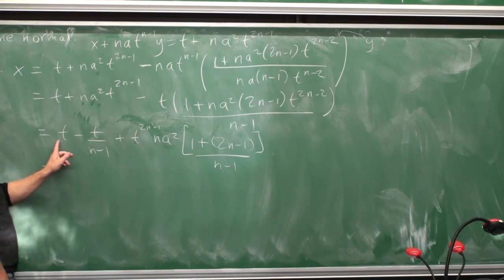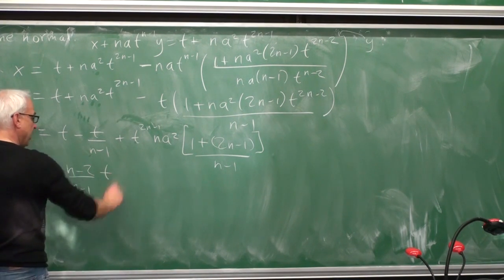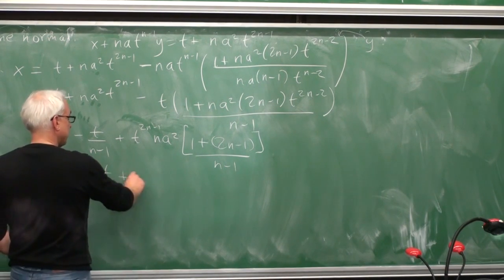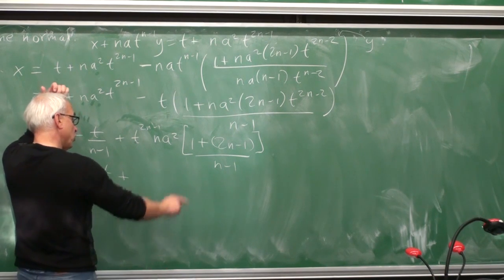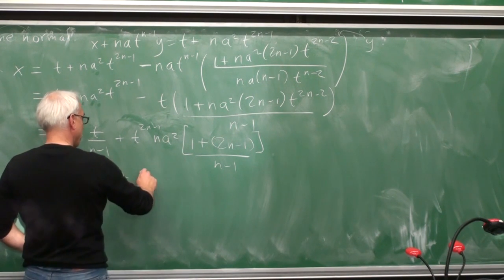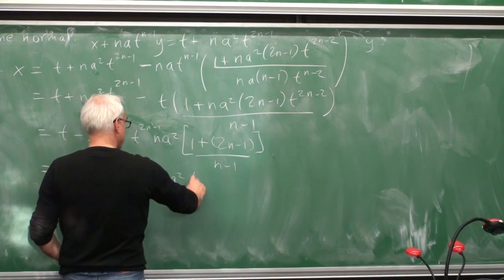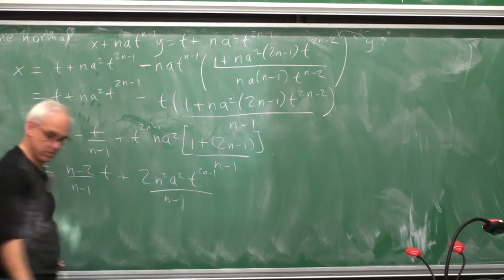Okay, so what is this now? This here is n minus 1 minus 1, so that's n minus 2 all over n minus 1 times t. And this is plus 1 minus 1 is 2 is 0, 2n. There's another n here. 2n squared a squared t to the 2n minus 1 all over n minus 1.